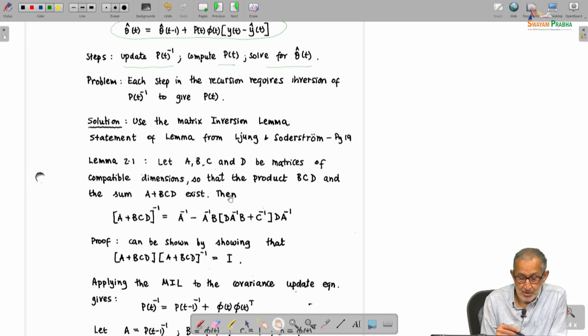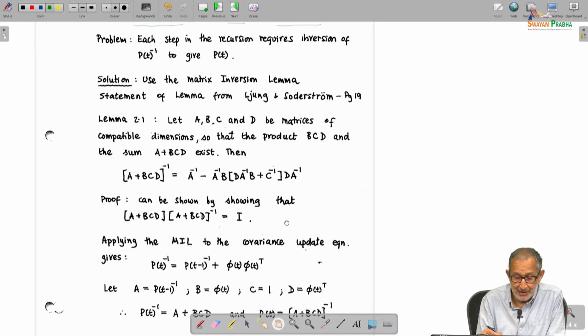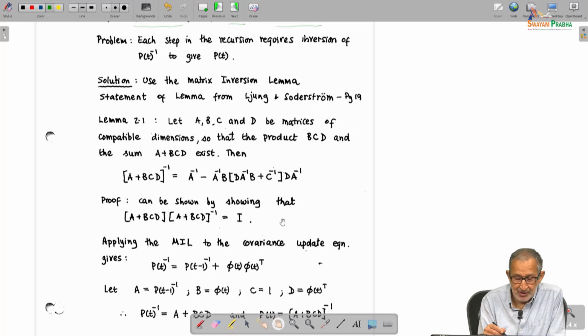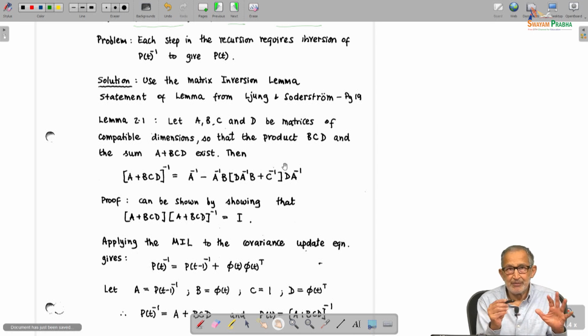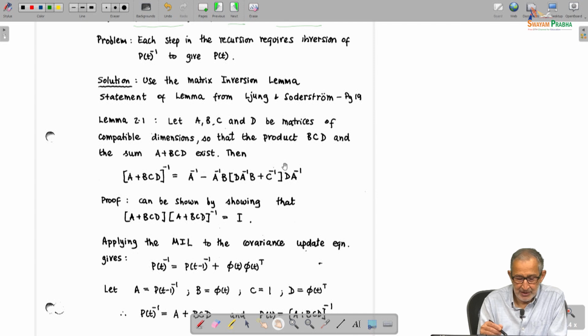And you can prove it by showing that A plus BCD multiplied by its inverse is an identity matrix. We won't go into the detail. Now there may be a slight typo here. There is a minus, an inverse sign missing here, and I will clarify that a little later.